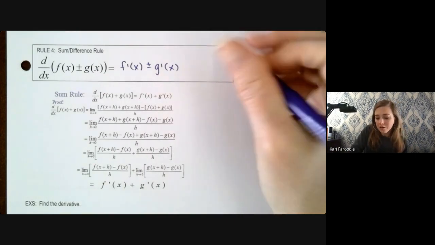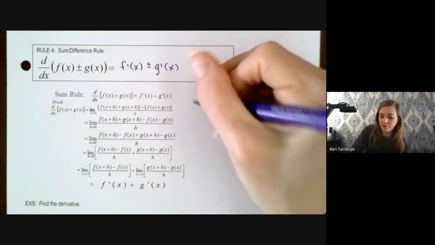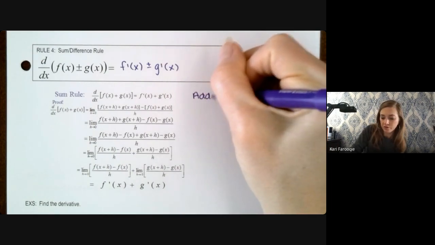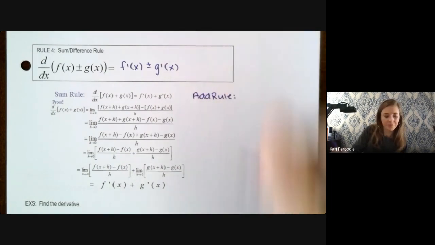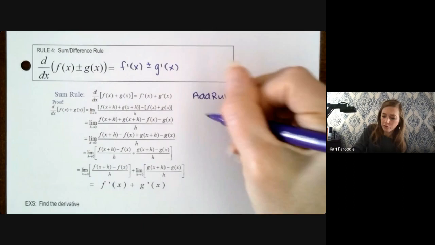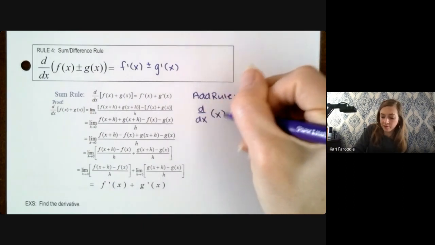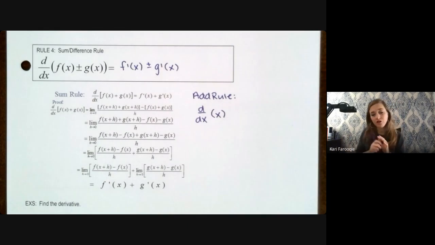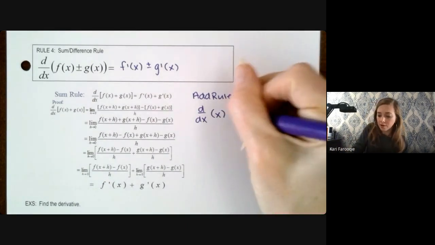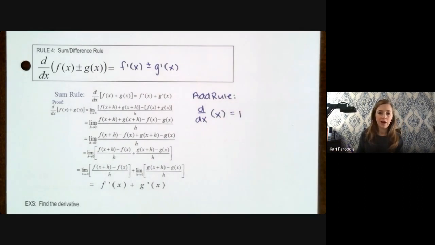It's not really another rule, but sometimes I feel like it's helpful to kind of split it off. The derivative with respect to x of just x officially follows that power rule, and I'll show you why. But the derivative of x with respect to x is just 1.